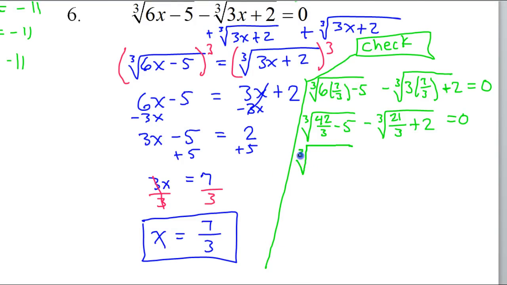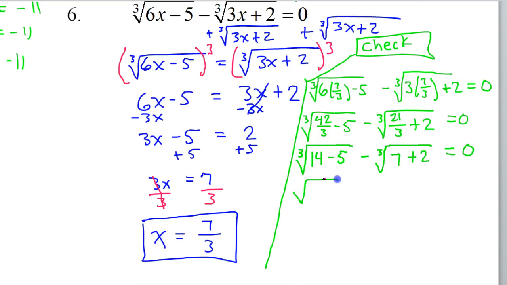Alright, so we have the cube root of 14 minus 5 minus, okay, of course 21 divided by 3 is 7. So the cube root of 7 plus 2. And that's supposed to be equal to 0. Now 14 minus 5 is 9.